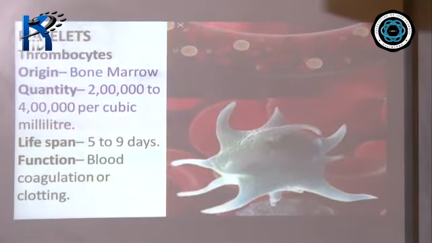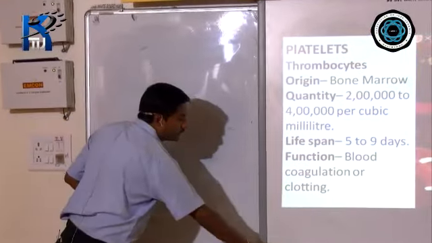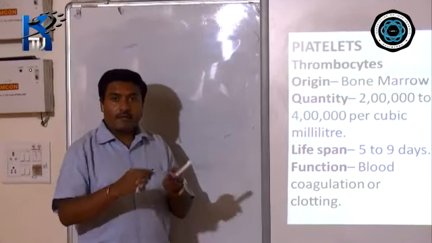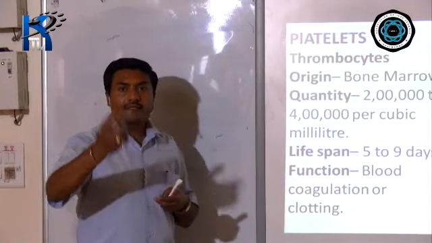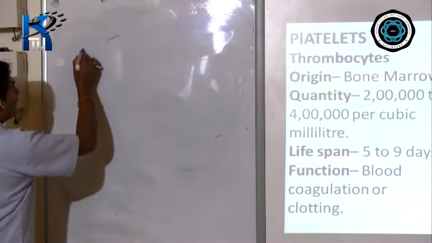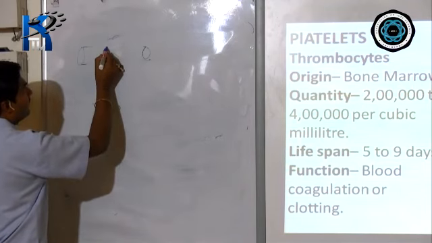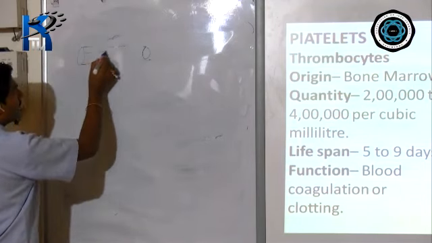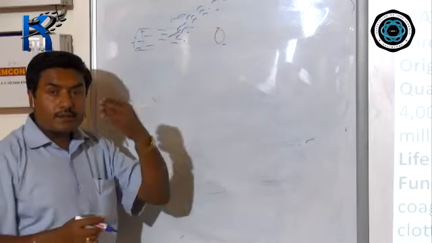That means not only with external injury, whenever we have a cut, whenever any part of our body gets injured, the blood starts coming out from the blood vessels. Suppose this part is damaged, any artery, vein, or capillary is damaged. Then the blood starts oozing out. When the blood is oozing out, it is a huge loss.